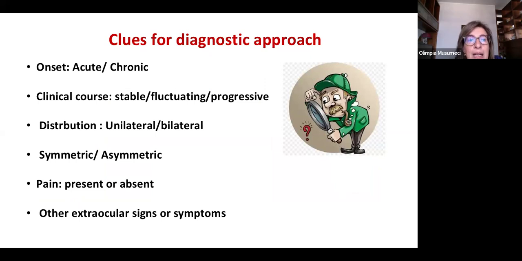The clinical course can be stable, fluctuating over hours or days, or progressive. It can involve both eyes, bilateral, or be unilateral, symmetric or asymmetric, can be associated with pain, and can be associated with other neurological or extra-neurological symptoms.